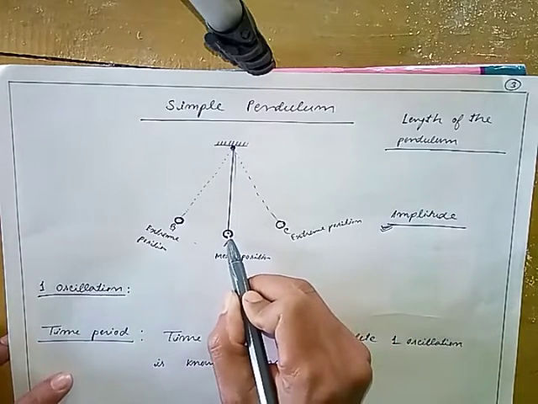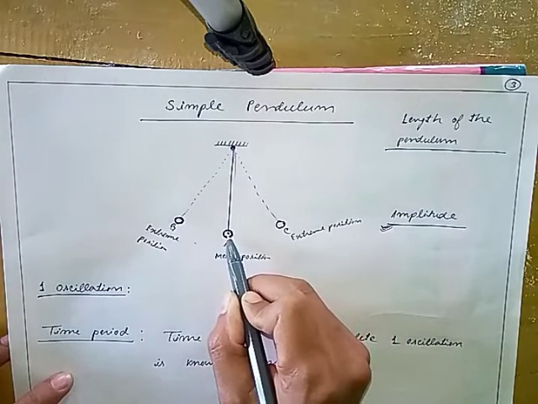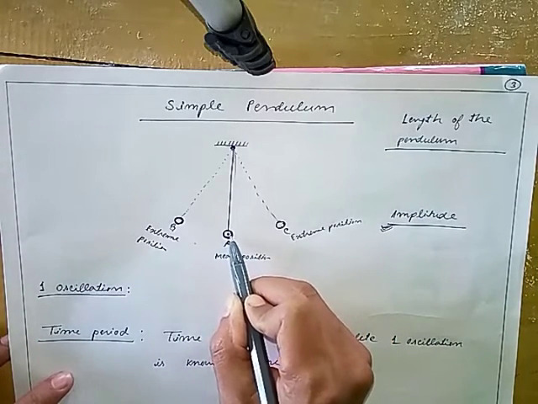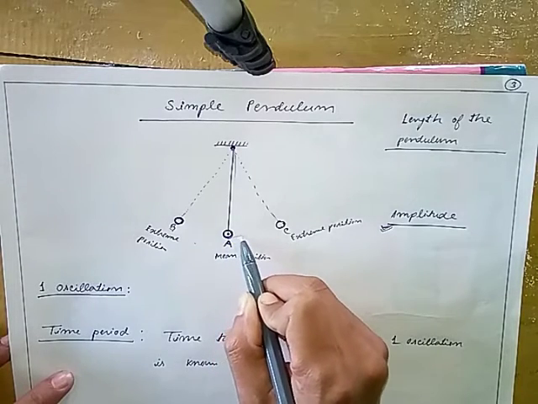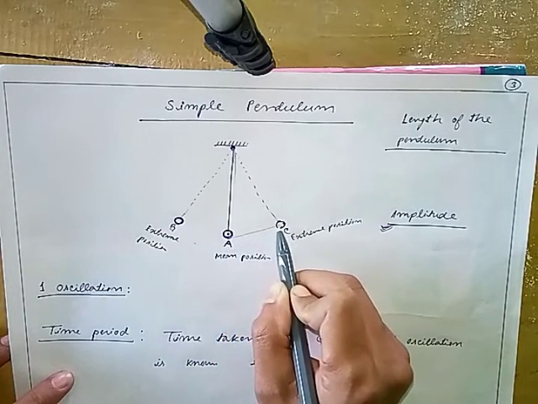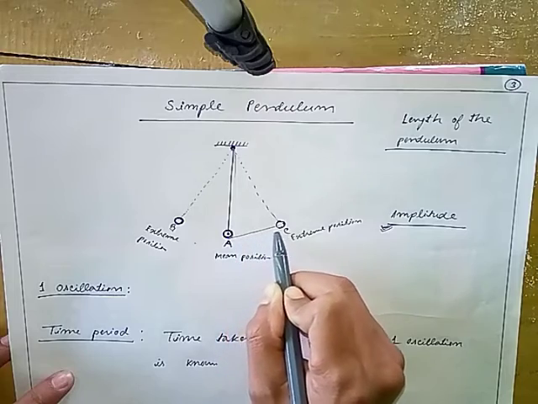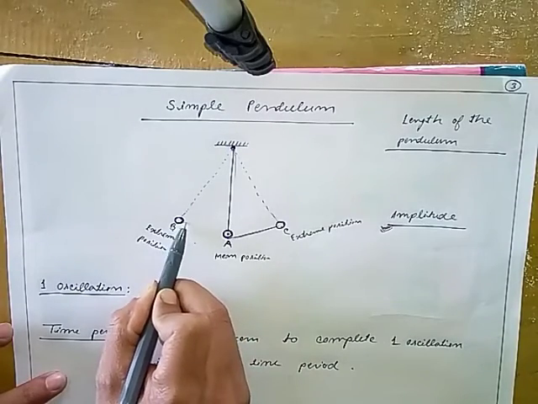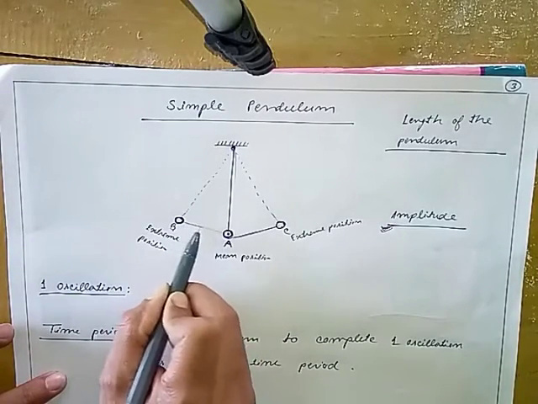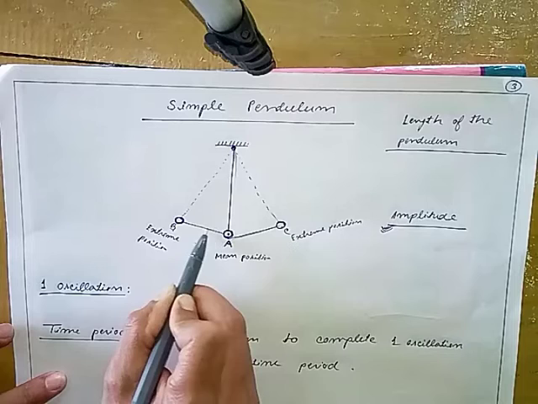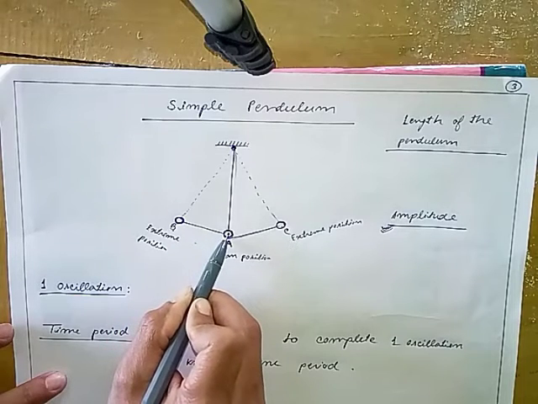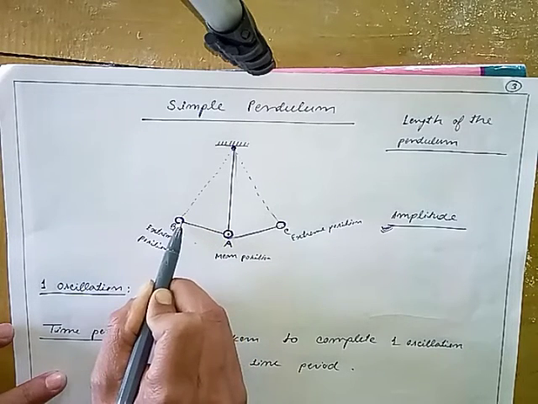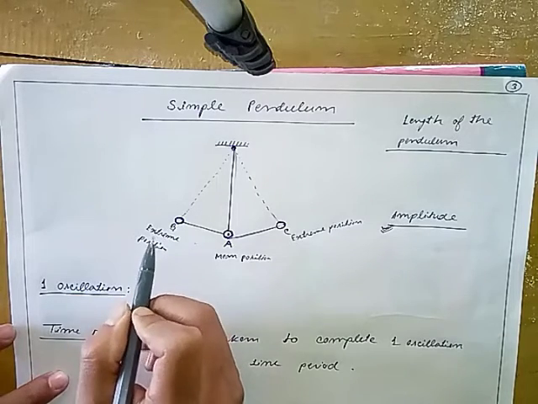The distance of the bob, this metallic ball, from the mean position to the extreme position. So this distance is known as amplitude. Similarly, this distance is called amplitude. The distance from the mean position to the extreme position of the ball is called amplitude.